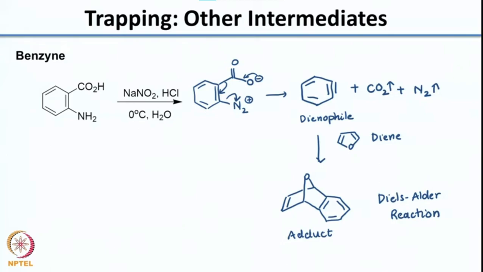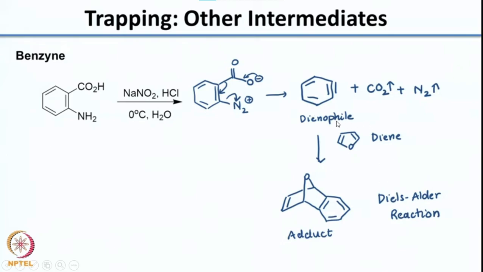So if the intermediate is not cationic, not anionic and not a radical, then how can we trap the intermediate? This is the first example, where we are going to trap benzyne. If you know the structure of benzene, it has 3 pi bonds in its structure. Here you can see there is no cation, no anion or no radical formation, only the intermediate.